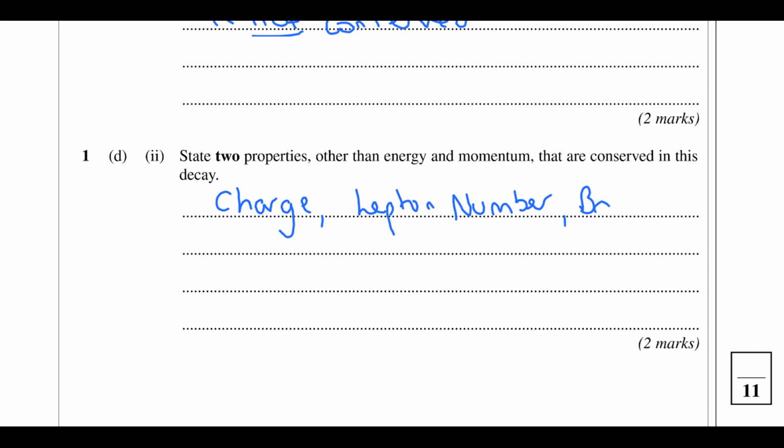We could have gone with baryon number. It's specifically in terms of lepton number, it's actually muon lepton number that is conserved, and those are the things that have to be conserved in any reaction, so you could go with pretty much anything there. Okay, so that concludes question 1.